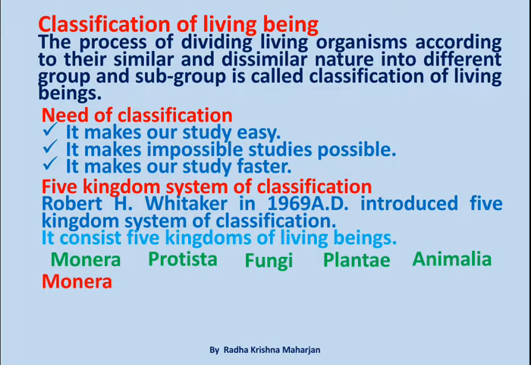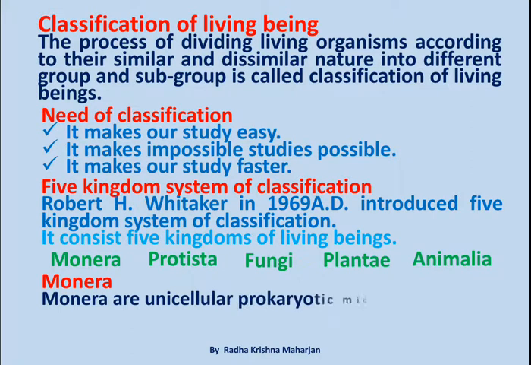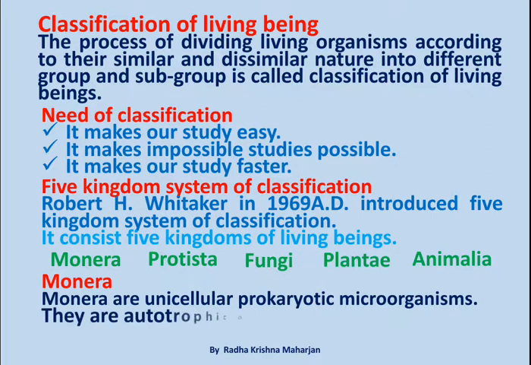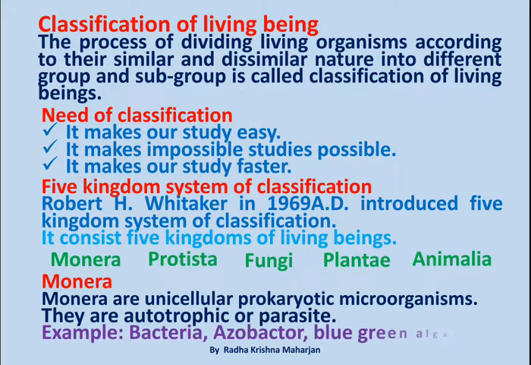Monera. Monera are unicellular prokaryotic microorganisms. They are autotrophic or parasite. Example: bacteria, azobacter, blue-green algae.